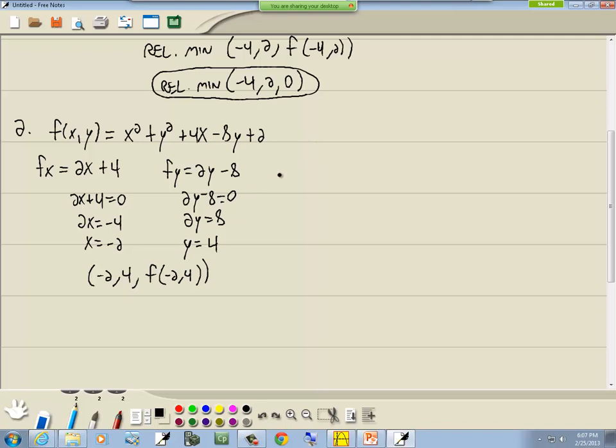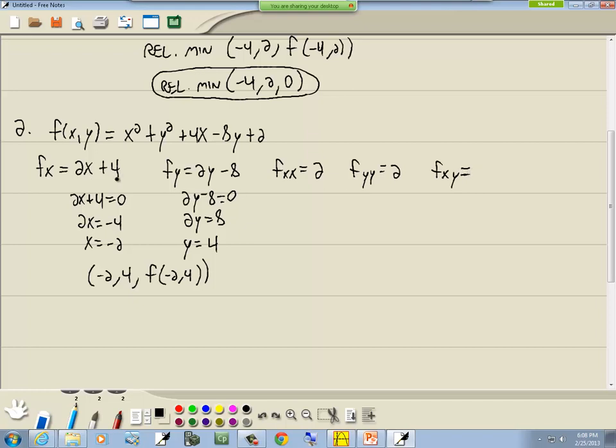Okay, let's see what this is, though. We're going to take our 2x plus 4 and take the partial of it again with respect to x, which gives us 2. We're going to take 2y minus 8 and take the partial of it again with respect to y, which is 2. And then we'll take our first partial with respect to x and take it with respect to y.